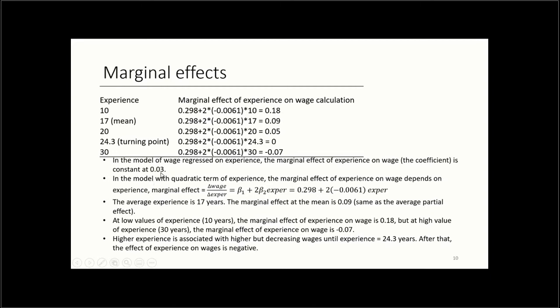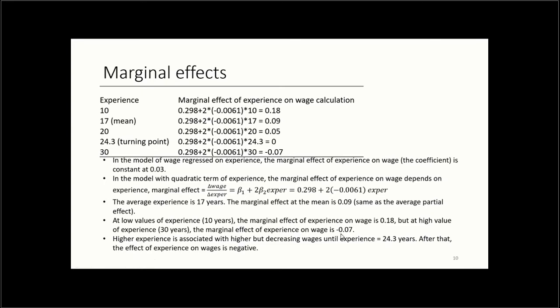So with a simple regression, we were estimating that there's a 3-cent effect. And now for the average person, we're saying that there is a 9-cent effect. So at low levels of experience, say at 10 years, the marginal effect is 0.18, but at high values of experience, the marginal effect is negative.